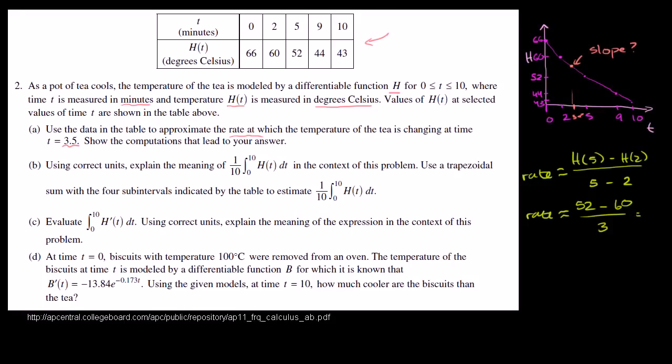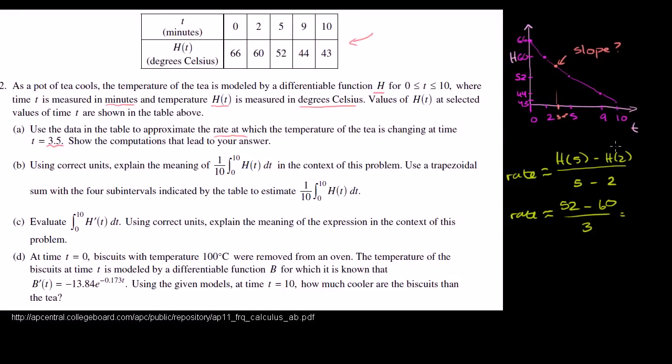This gives us negative 8 degrees Celsius over 3 minutes. So the rate at 3.5 minutes is approximately negative 8/3 degrees Celsius per minute. So that is part A.